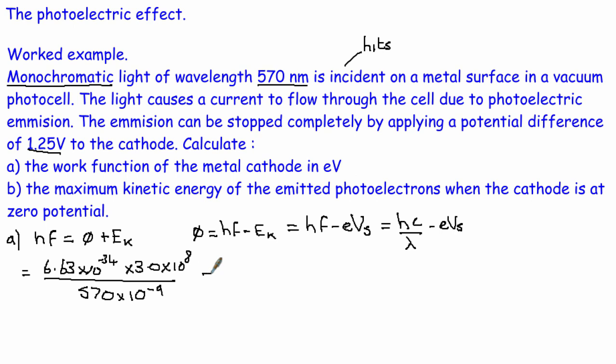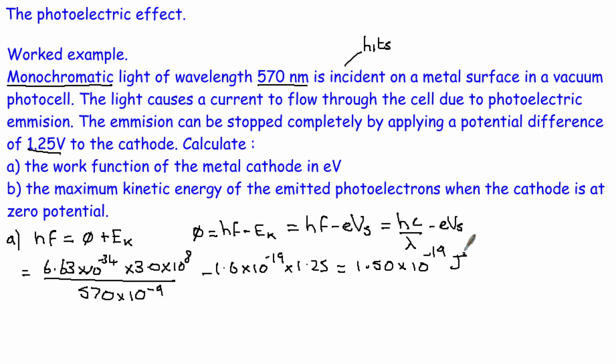And then I need to take away the charge on the electron, 1.6 times 10 to the minus 19, again from our data sheet, multiplied by the stopping potential, and that was 1.25 volts. And if I do all of that, in the end, I end up with a final answer of 1.50 times 10 to the minus 19 joules.